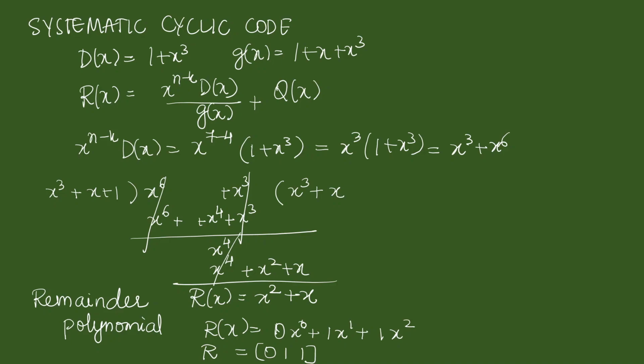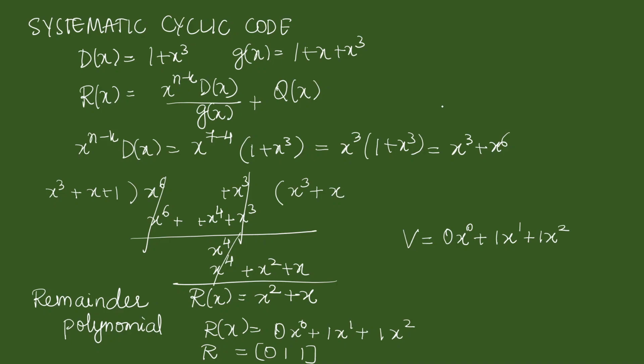Please remember this. So the code word v will be written with the remainder polynomial first: 0 into x raised to 0, 1 into x raised to 1 plus 1 into x square.